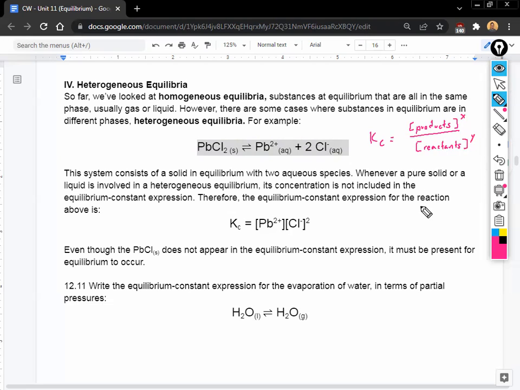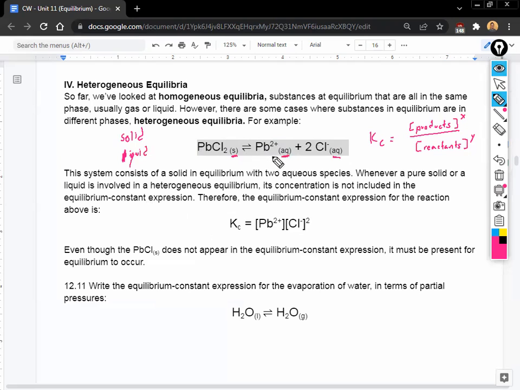Now, the point of this part is that when we write the equilibrium constant, the states of matter will matter. If one of the compounds is a pure substance, which means a pure solid or a pure liquid, we do not involve it in the equilibrium constant.